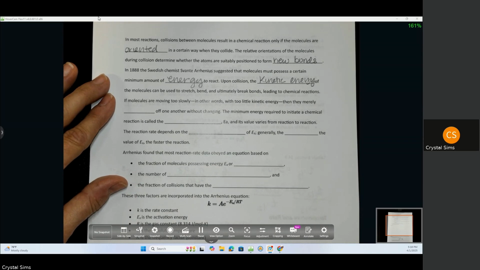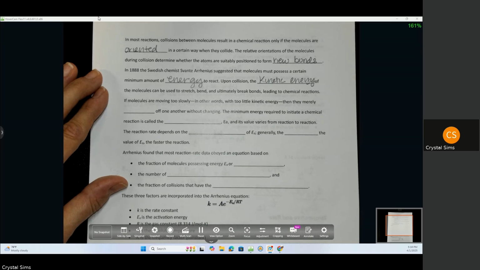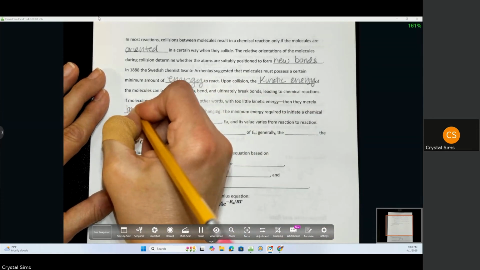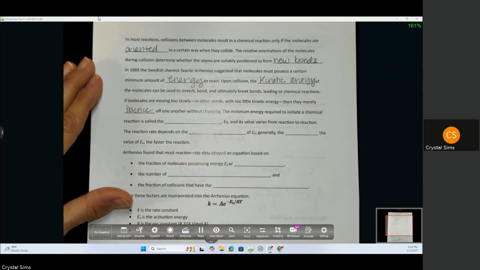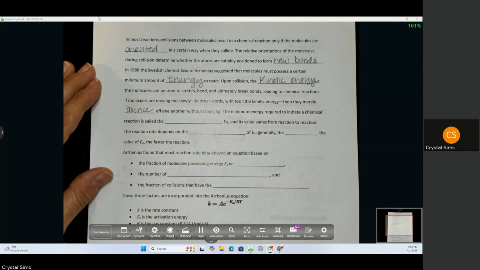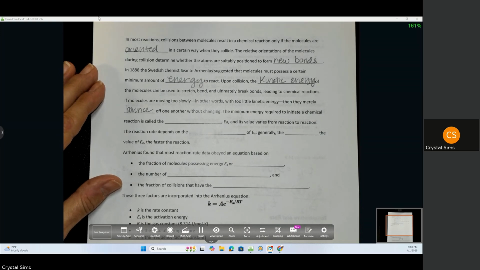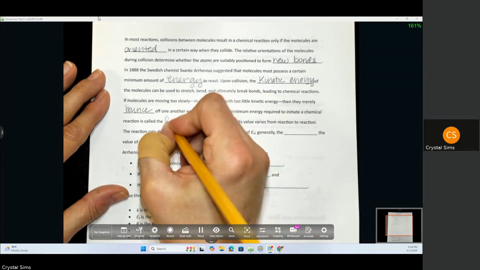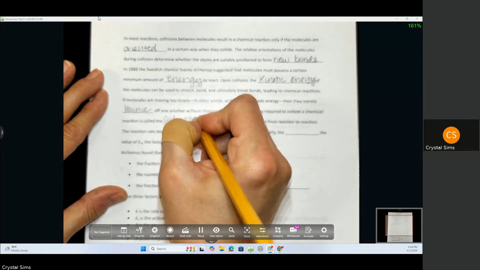So if they're moving too slowly, so they don't have enough energy, then they're just basically going to bounce off one another, just like you bounce a ball off a wall. Okay. The minimum energy required to initiate a chemical reaction is called the activation energy.